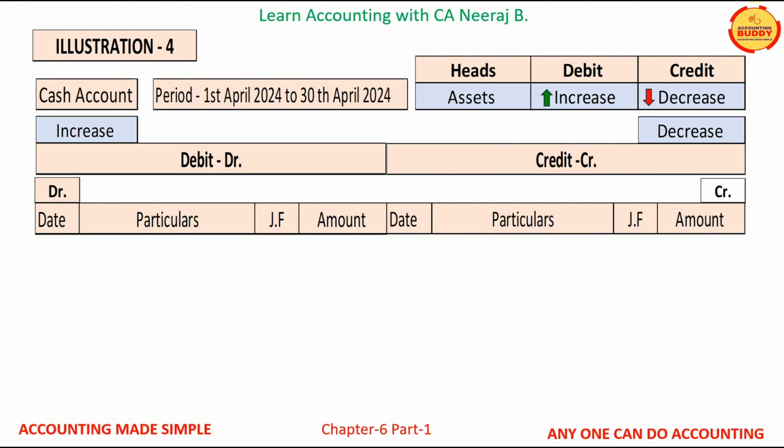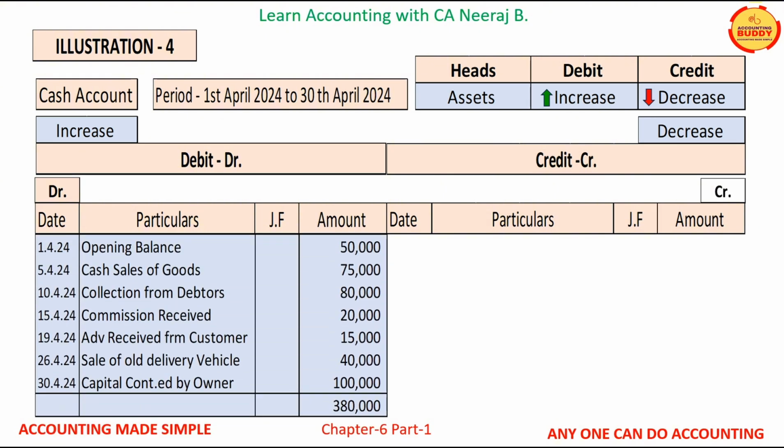Therefore, all the business transactions which will increase the cash balance are recorded on the left hand side of the cash account, or in other words are recorded on the debit side of a cash account.